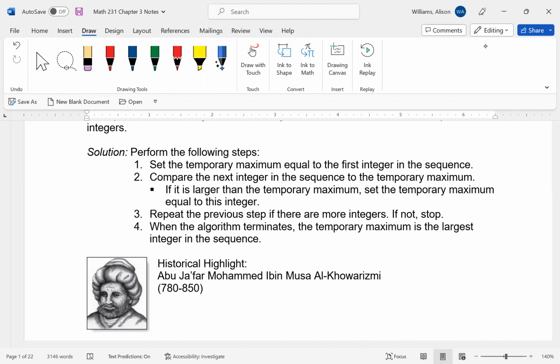He wrote a book that defined modern-day algebra, and in the title of the book, we took the word algebra. His name, Al-Khwarizmi, was altered, and that's where we got the word algorithm. So he not only gave us algebra, but also the modern word algorithm.